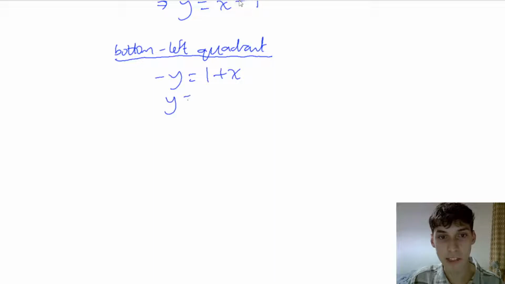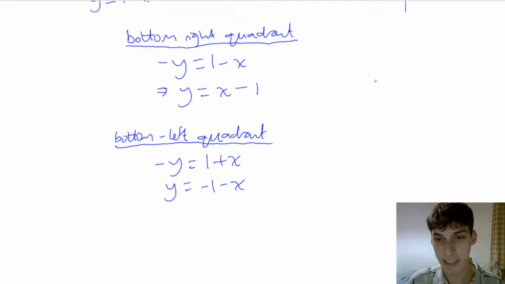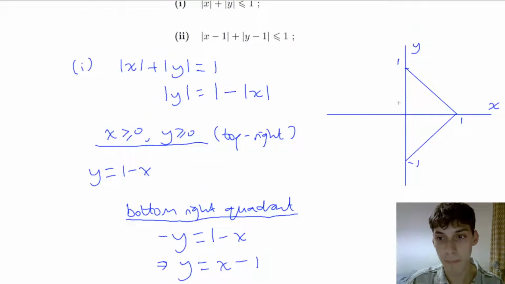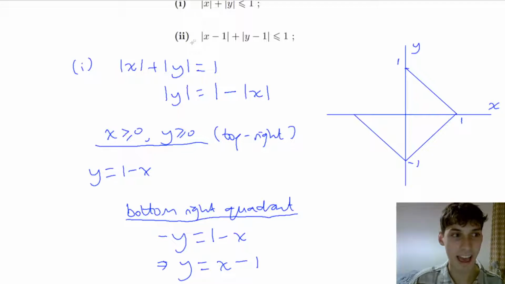So then negate both sides, we get y is equal to minus 1 minus x, which gives us the exact same situation. And we can draw it on something like this. Okay, getting there. Last one left.